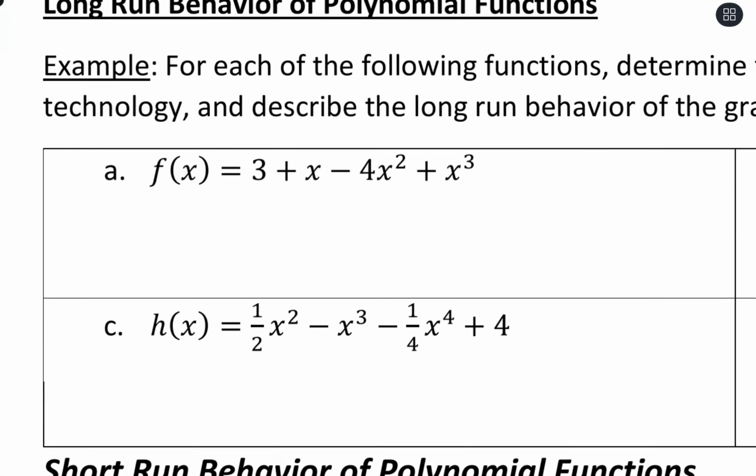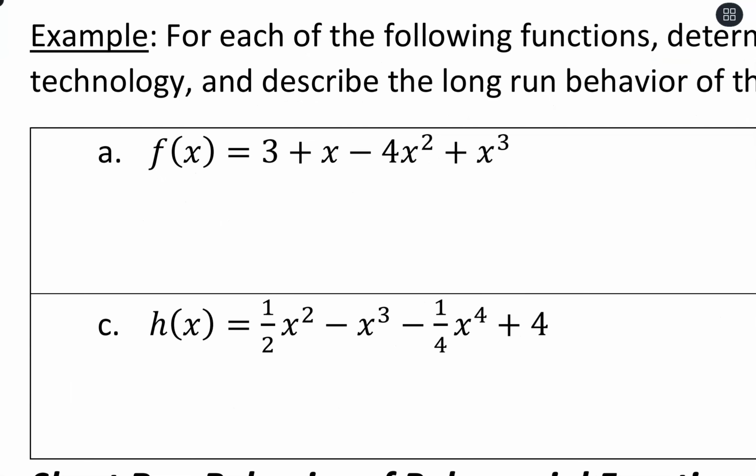With this first function, what I do is look for the largest exponent, and that's going to be my leading term. So I'm looking at an x cubed there. What that tells me is that's an odd degree and has a positive out front. So I can remember my x cubed power function looks something like this, and that's going to be the same long-run behavior for this polynomial.